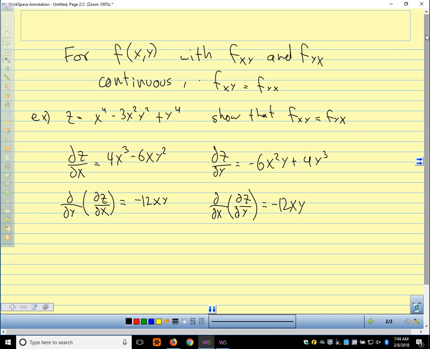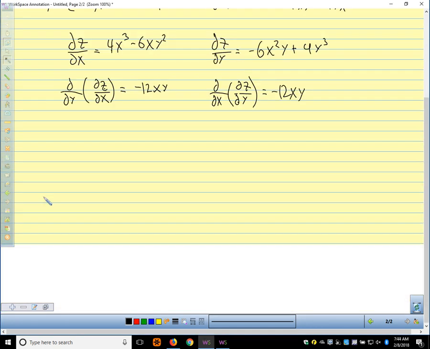All right, good. Are we good there? All right, let's look at another one. Let's look at a 3-variable function. F of x, y, z is x squared minus 3xy plus 4yz plus z cubed. Relatively simple 3-variable function.